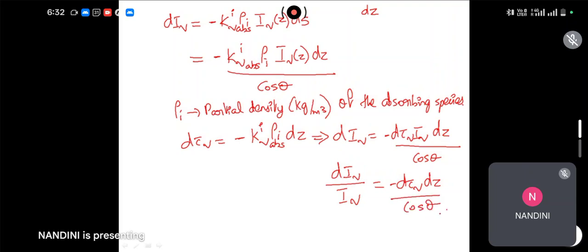Now we integrate this, the radiation, integrating from the top of the atmosphere to z. This will be log I nu.